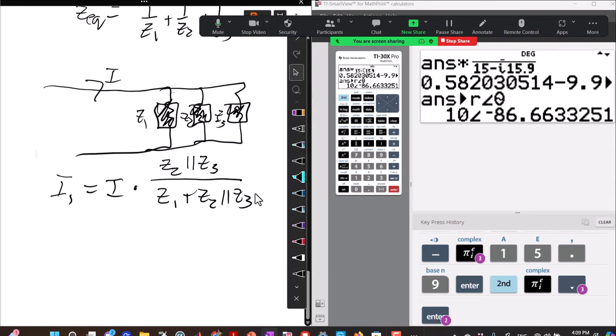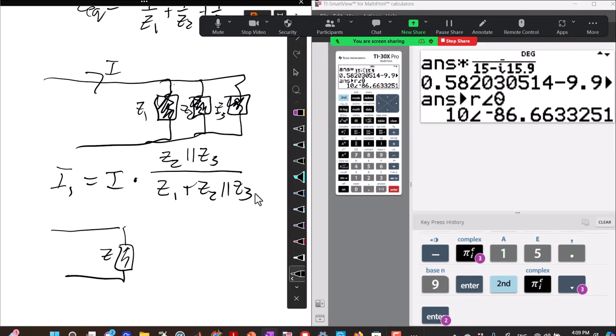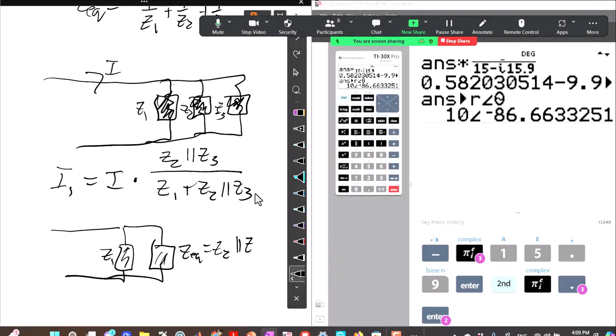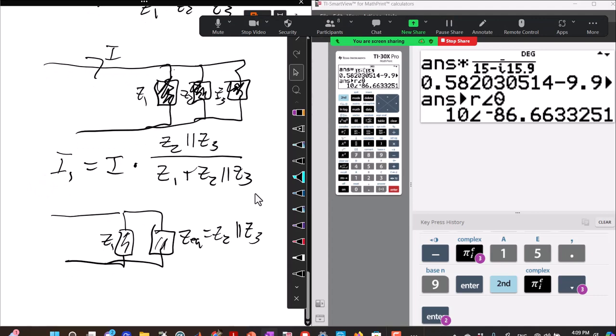So what I do essentially is I turn it into two impedances. So that's Z1, and then I find the equivalent of Z2 and Z3. And that would solve the current going through Z1.